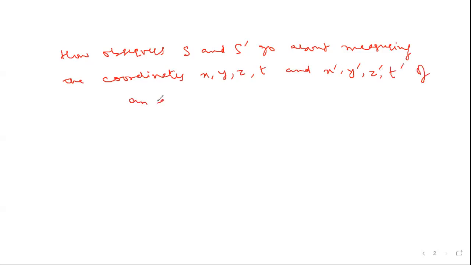So this is our topic. How these observers go about measuring the coordinates of the event. We want to discuss the procedure.